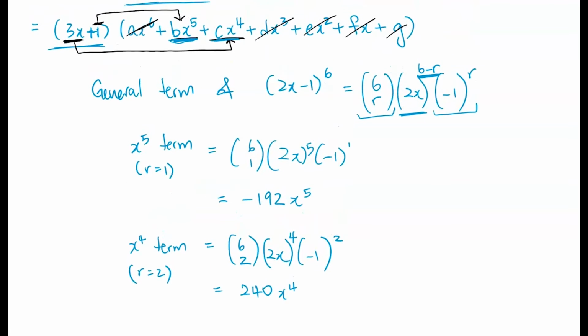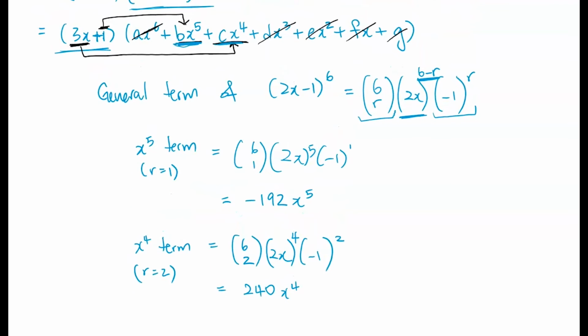Now I have the two terms that I need, and we have concluded earlier that we simply need to take 3x and multiply it with the x to the power 4 term, plus 1 multiplying it with the x to the power 5 term.